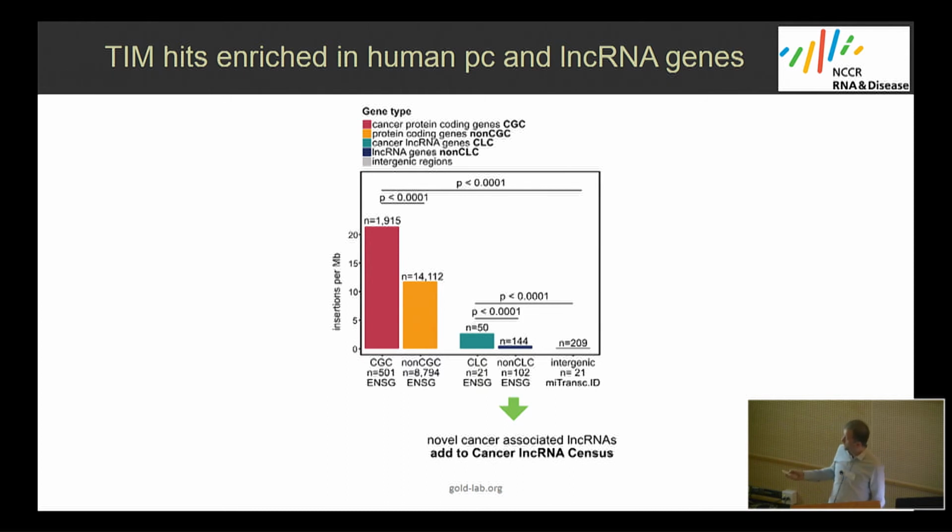These are 21 previously described cancer-related lncRNAs, but also here we now have 102 annotated lncRNAs which have not previously been associated with cancer. These we are now adding to these manually curated sets of cancer lncRNAs, which are going to get published quite soon.